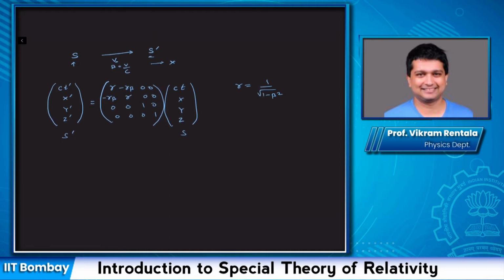Now what we've seen is, given this transformation rule for coordinates, there is a spacetime interval.